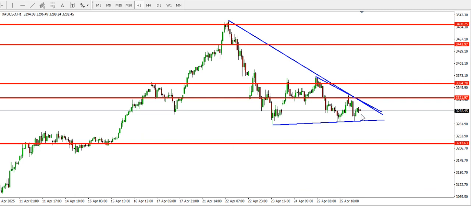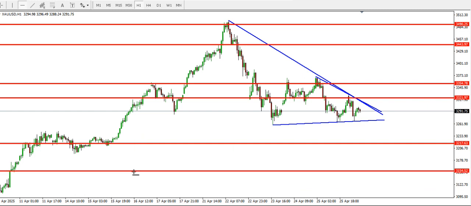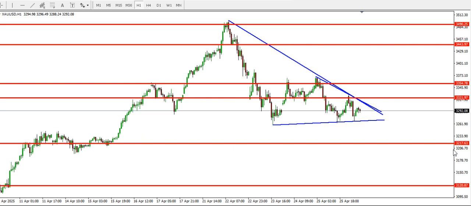So price might find some difficulty with the sellers with these supply levels, and on the downside we have just this, and after that we might see price drop to this order block 3120, 3217. On the upside we have 3321, 3354, 3443, 3490.